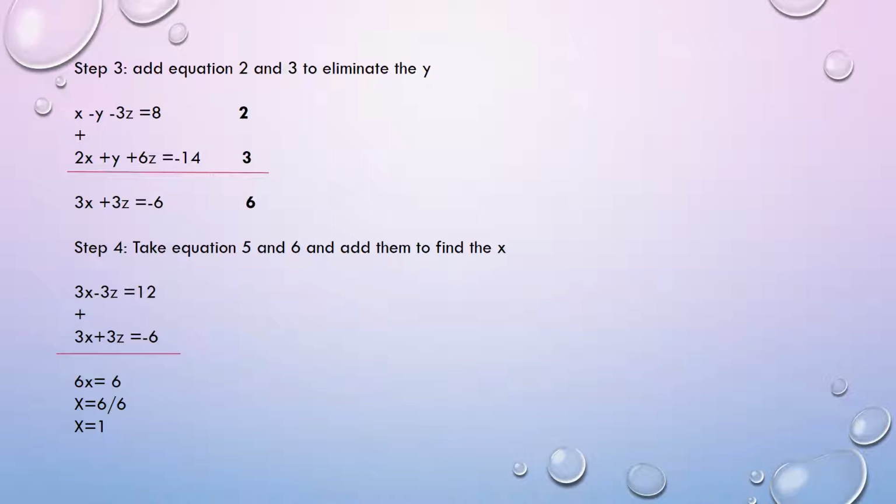Now I will take equations 5 and 6, which I found by eliminating y, and add them to find x. So 3x minus 3z equals 12 plus 3x plus 3z equals negative 6. I cancel the minus 3z with the 3z to find x. So it's 6x equals 6, so x equals 6 divided by 6, which is 1.